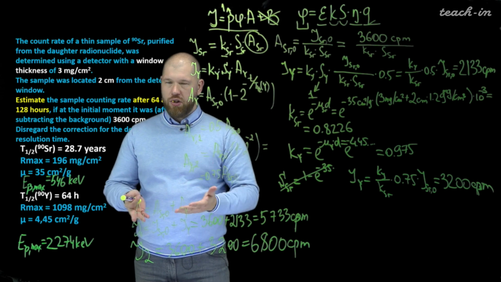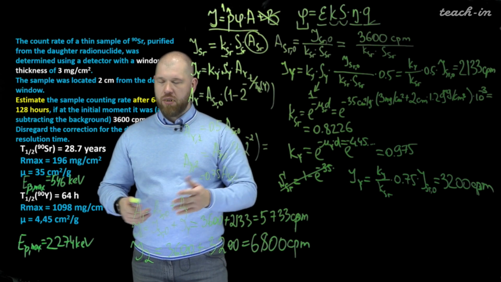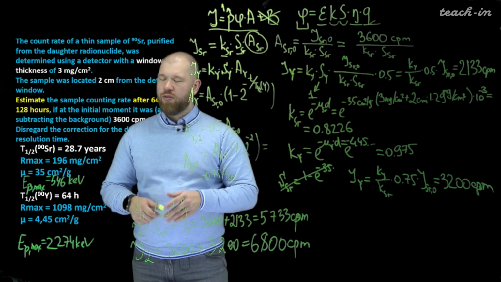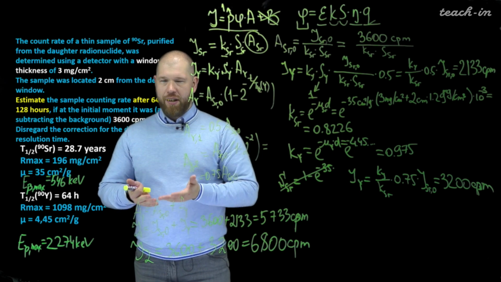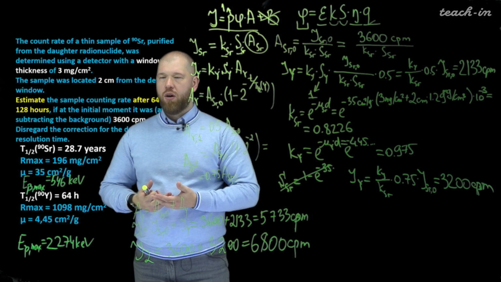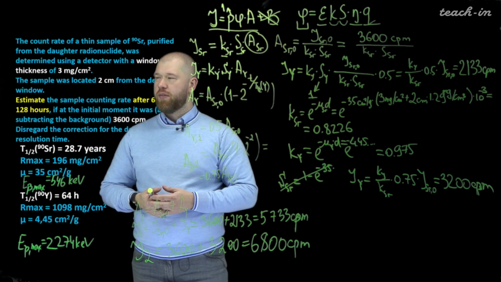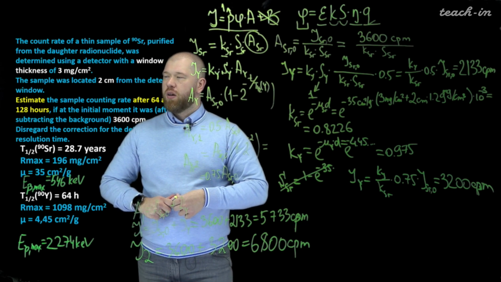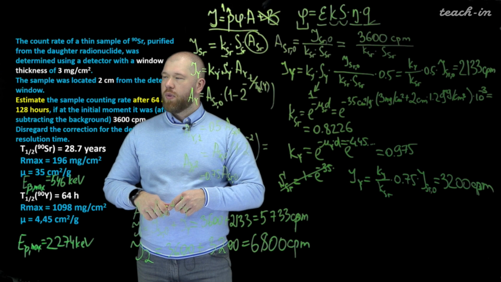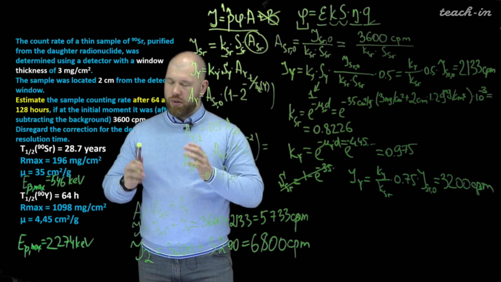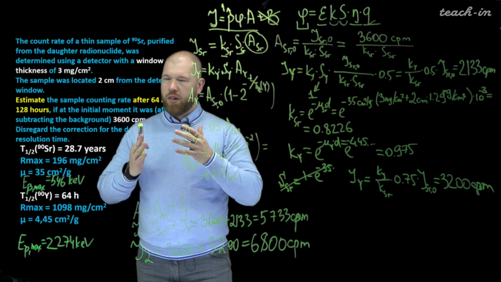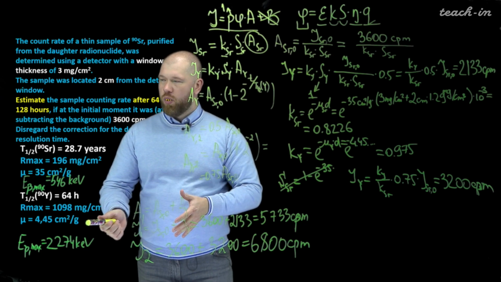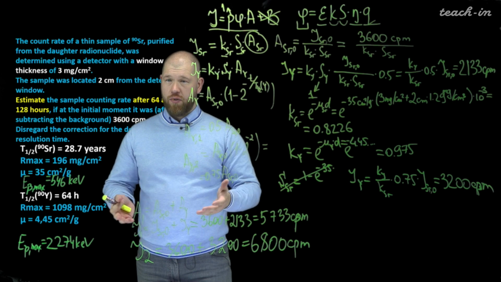The higher the energy of beta particles, or any particles, gamma quanta or even alpha particles, the more penetration ability they have. And vice versa, the higher the energy, the higher the penetration ability, and that means the smaller the mass attenuation coefficient.